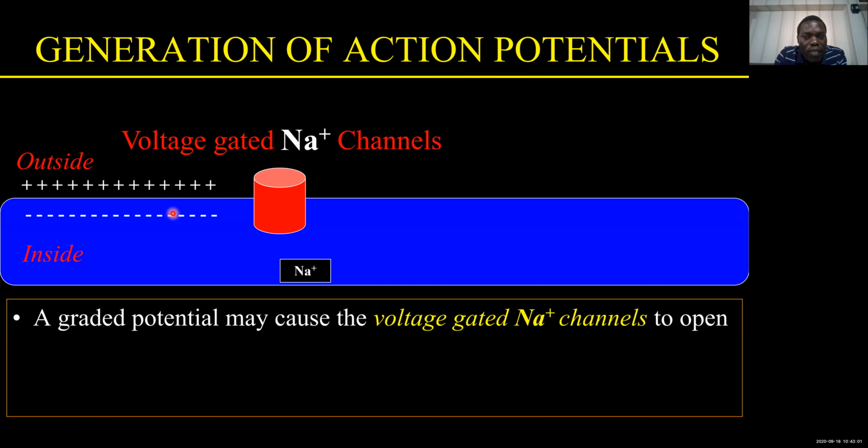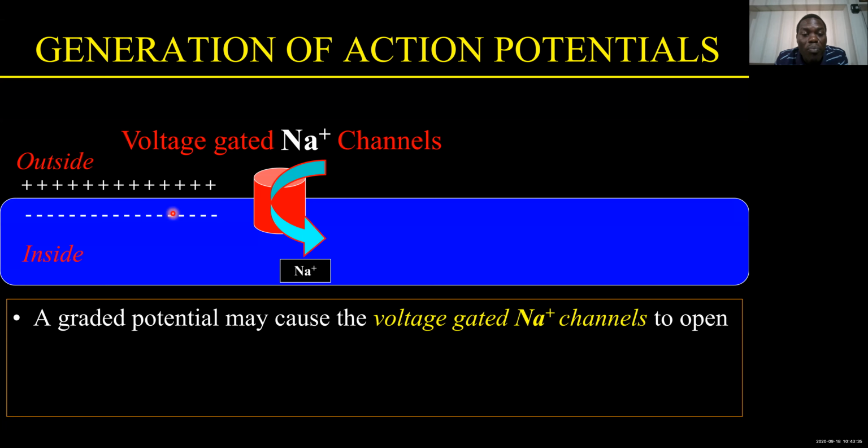If that disturbance reaches threshold for a particular voltage-gated channel, then it can actually open a voltage-gated channel. Now, in this case, if you have a graded potential that causes some voltage disturbance, it may cause the sodium voltage-gated channels to open. Now, if you have opening of voltage-gated channels, what will happen?